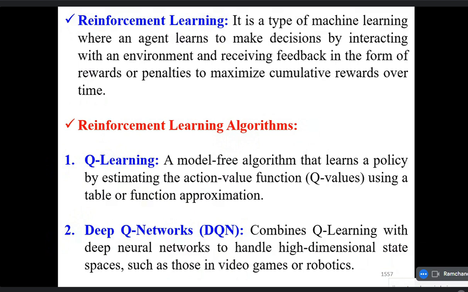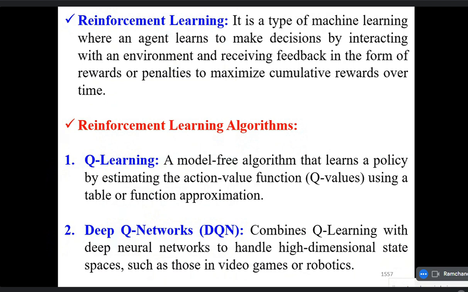So we are applying policy by estimating the action value function that is called Q, using a table of function or approximation. Then under reinforcement learning algorithms, we have deep Q network that is called DQN.